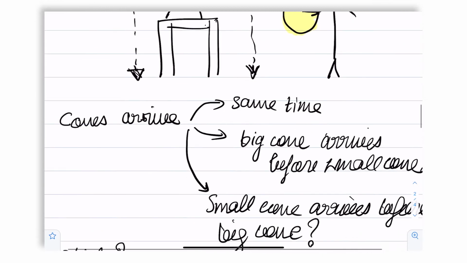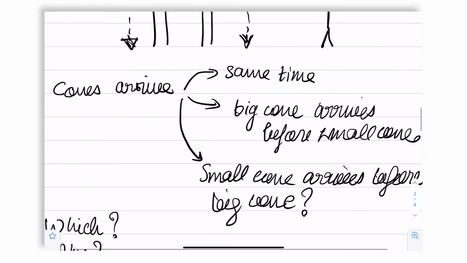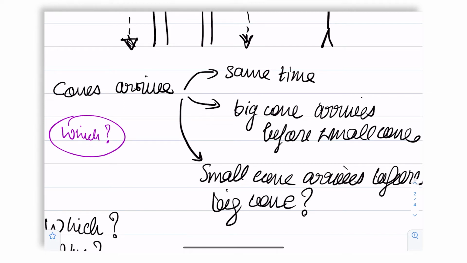So the possible outcomes are the following: that the two cones arrive either at the same time, or the big cone arrives before the small cone, or the small cone arrives before the big cone. Which is it? Is it same time?